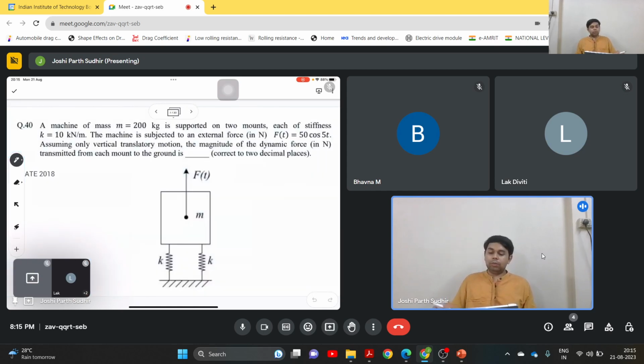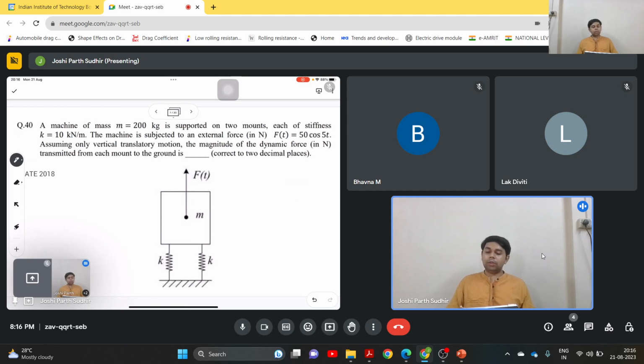Okay. So we come to this next question. It is given that a machine of mass 200 kg is supported on two mounts, which are basically springs, each of stiffness K equal to 10 kilonewton per meter, and the machine is subjected to an external force f of t, which is 50 cos 5t.